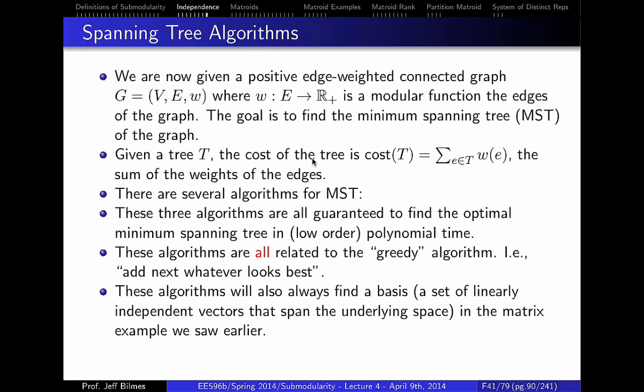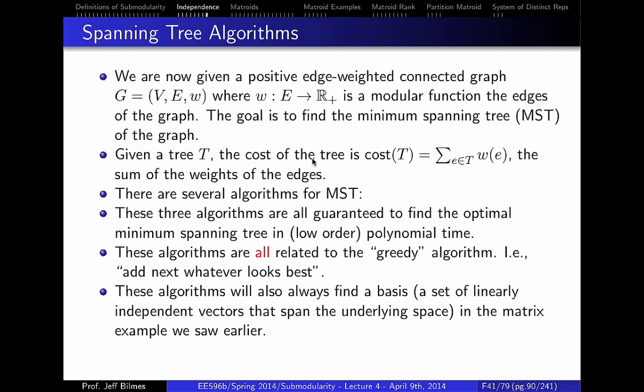Namely, they maintain a tree. If it's a set of column vectors of a matrix, if you keep adding an element, you're always going to essentially find a maximal linearly independent set of vectors.